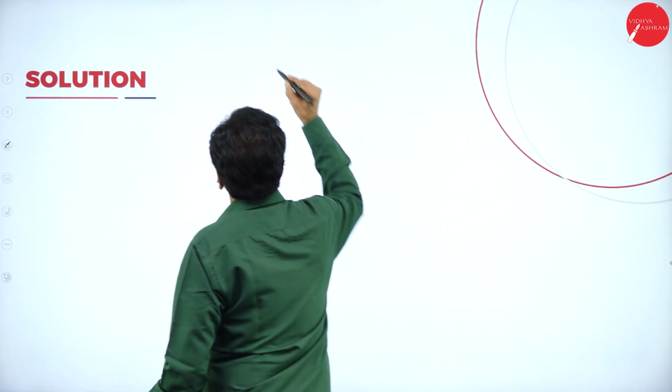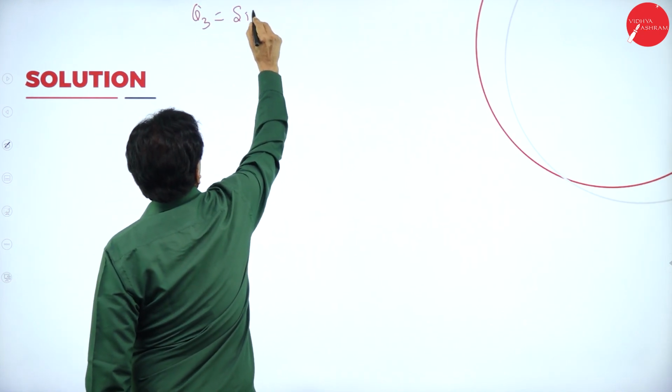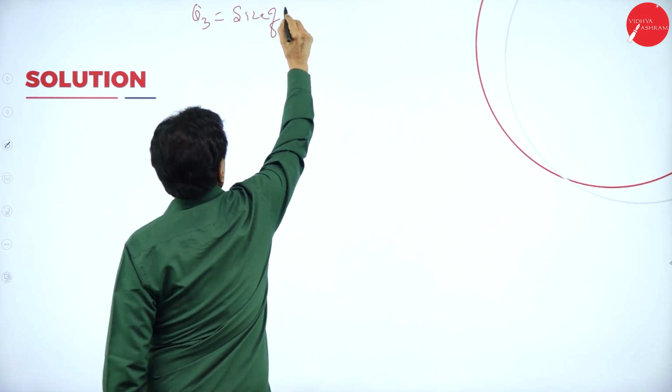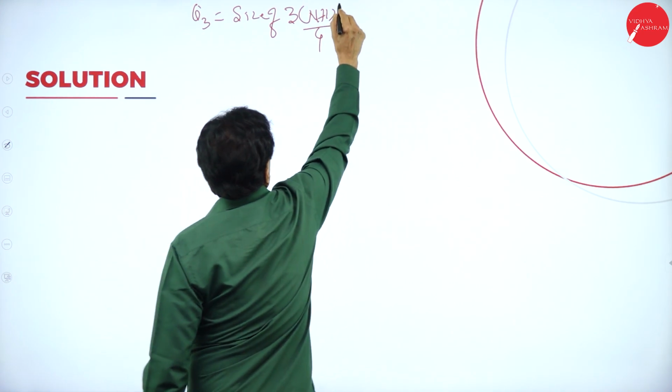Q3. Q3 is equal to the size of 3 into (n plus 1) divided by 4th item.